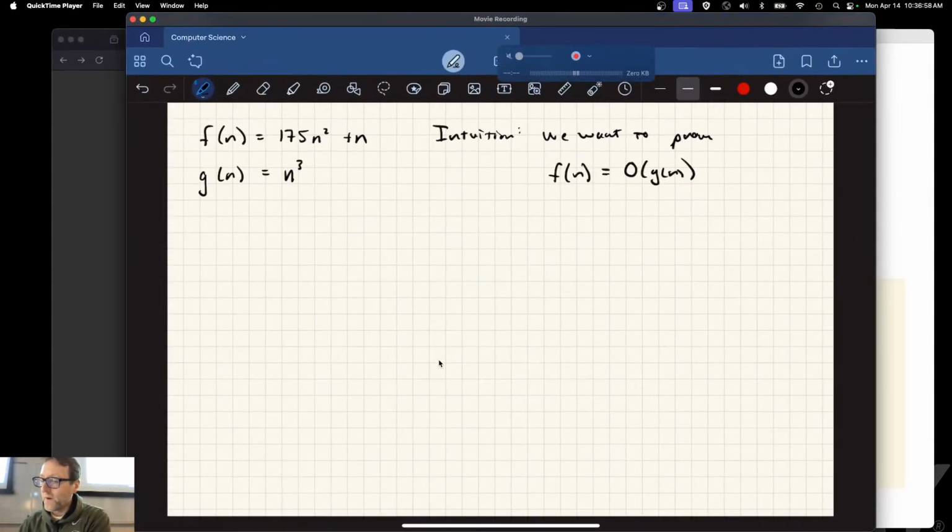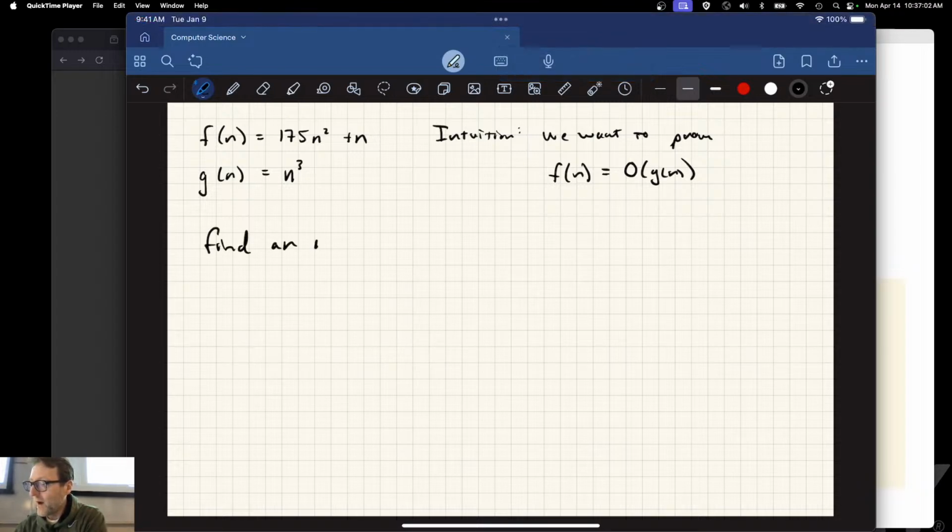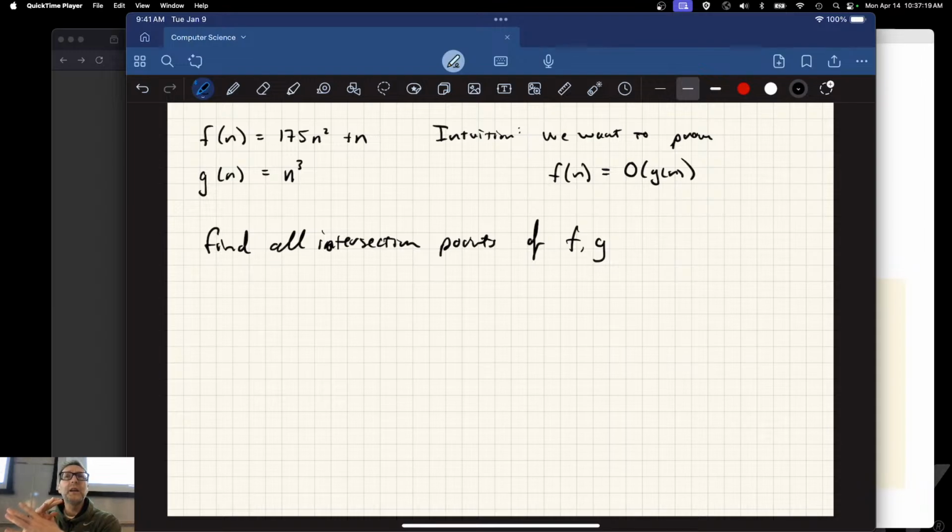I want to find an n naught, so find all intersection points of f and g. Two functions are intersecting if the 2 functions are equal. In other words, this happens when f of n is equal to g of n.